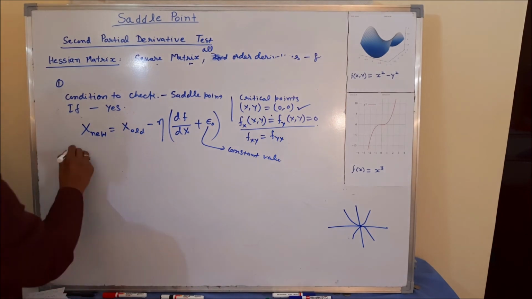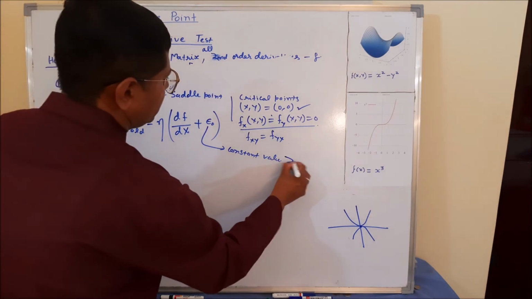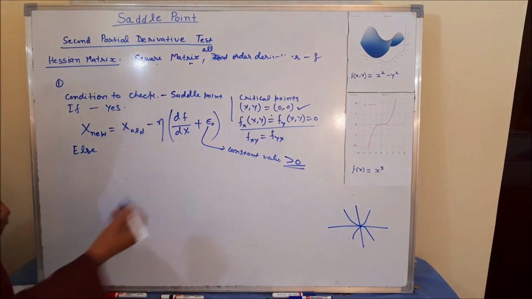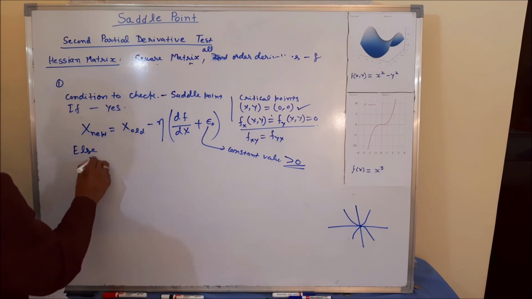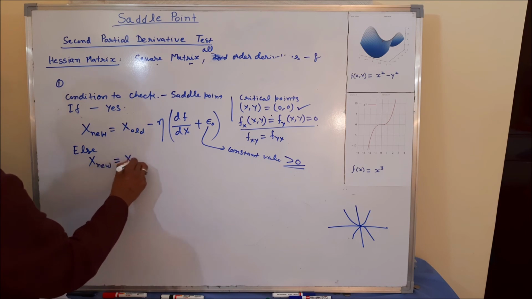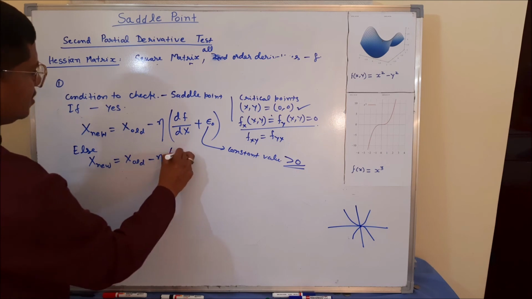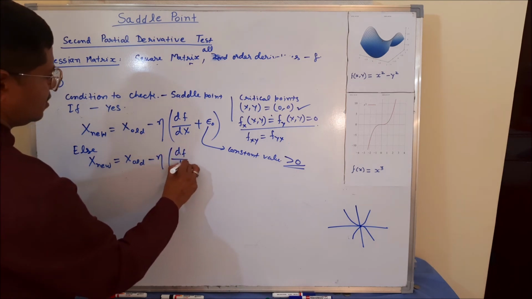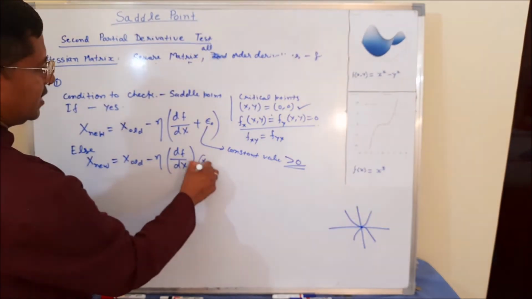That constant value will be greater than 0. Here it is a learning rate. Else, otherwise, you can continue with your old system, as it is, means there is no constant weight here.